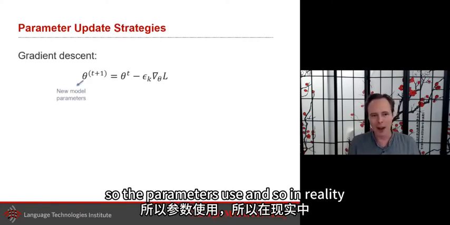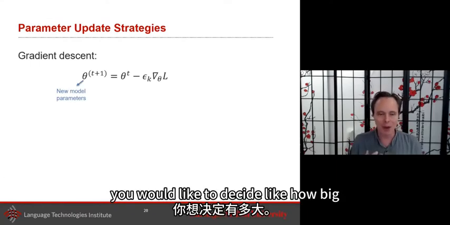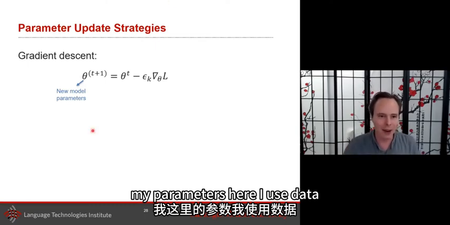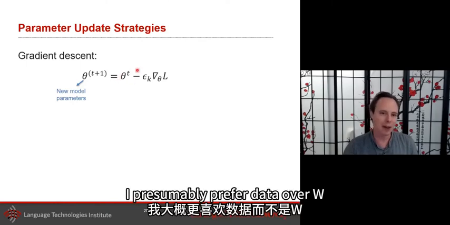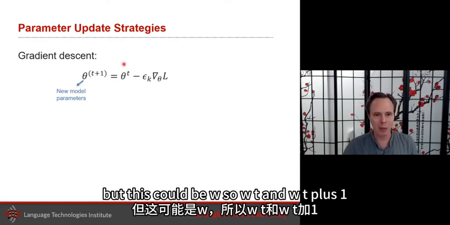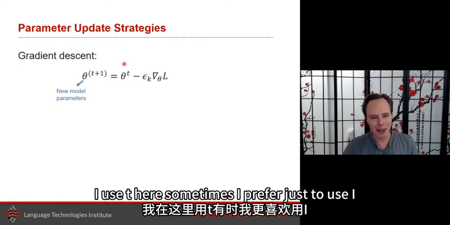So for the parameters used, in reality you would like to decide how big my parameters are. Here I use theta. It's just a notation change. I personally prefer theta over W, but this could be W. So W_t and W_{t+1}. I use t here.